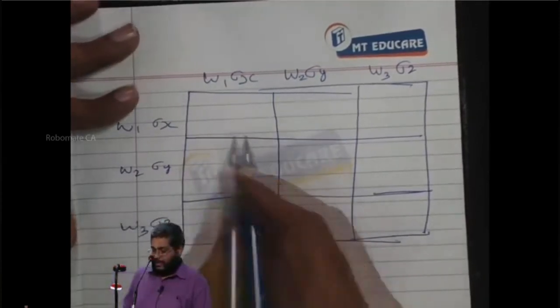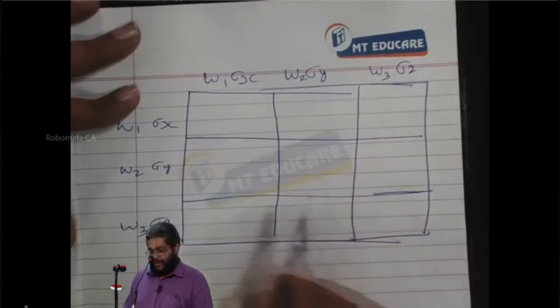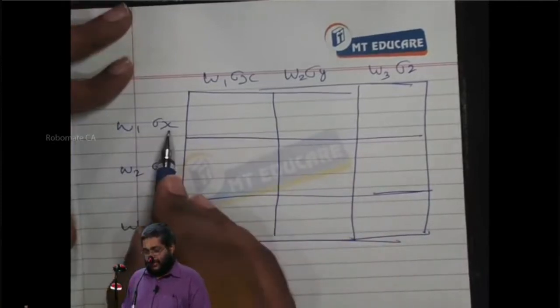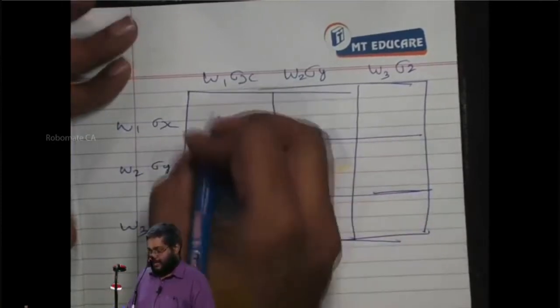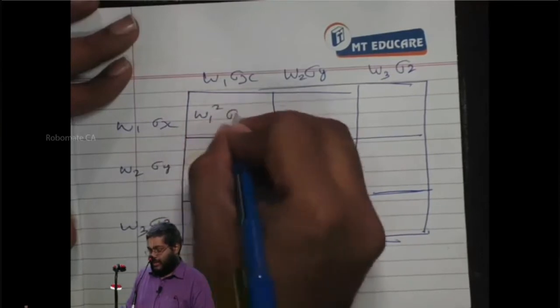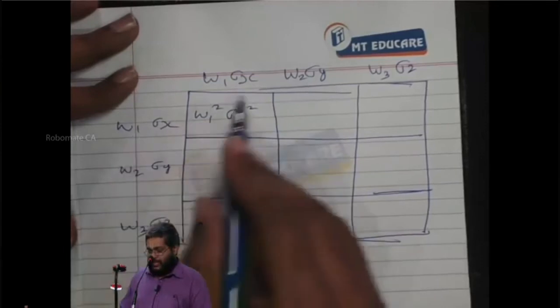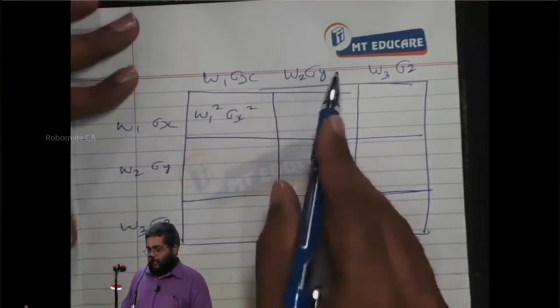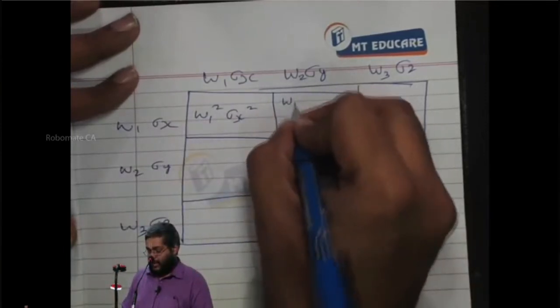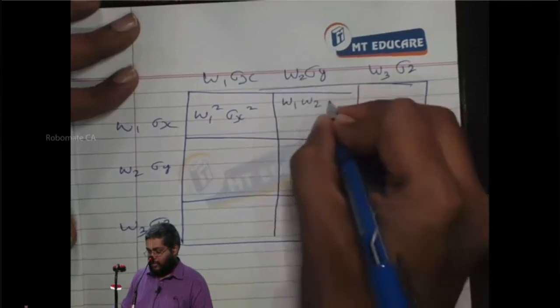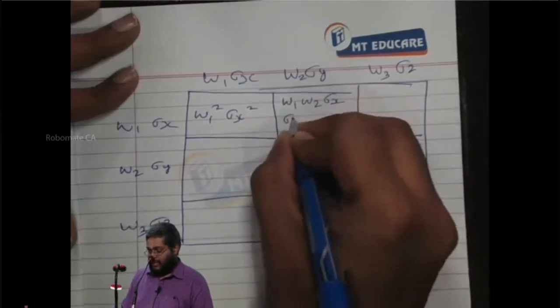Okay. Now, let's fill up the box one by one. W1 sigma X into W1 sigma X, this is what? W1 square sigma X square. Right or not? Now, W1 sigma X into W2 sigma Y, what? W1, W2, sigma X, sigma Y.